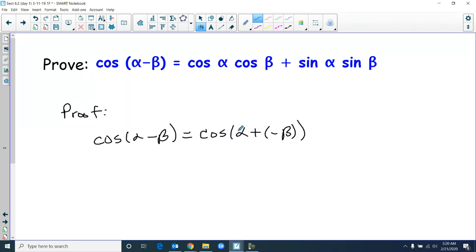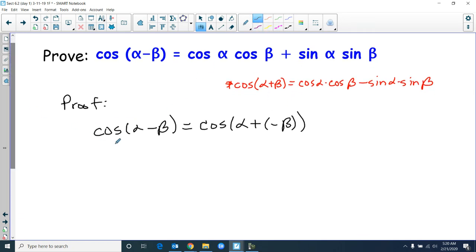That's equivalent because if you simplify that. Here's the reason we do this: I can now use the formula that we just proved, and it is above it. The formula says cosine of alpha plus beta equals cosine of the first times cosine of the second minus sine of the first angle times sine of the second. I can use that.